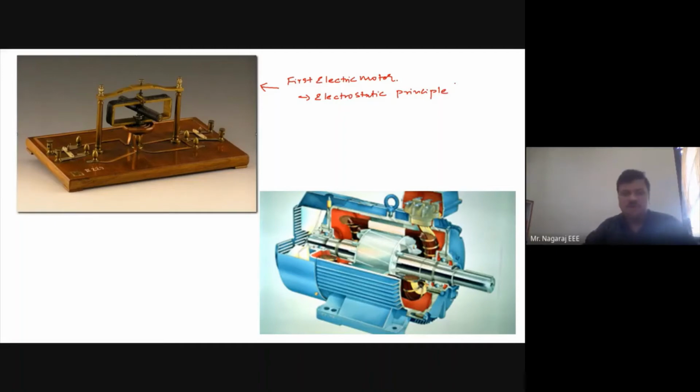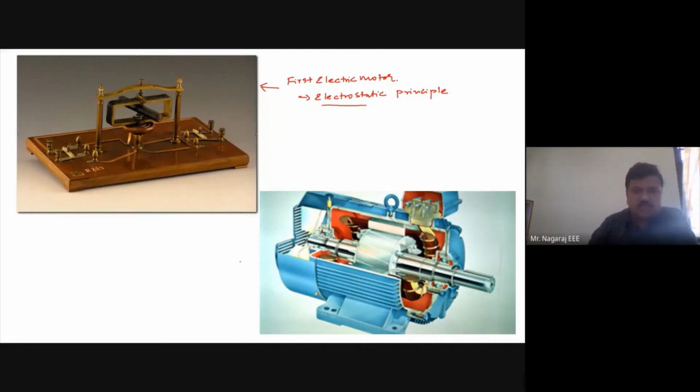See, motor action can be obtained in an electrostatic way or in an electromagnetic way. In electromagnetic, we take two magnets in the same space, and either there is attraction or repulsion. In electrostatic, we take two charges in the same space, so either there is repulsion or attraction between those two charges. In both cases, we will get mechanical output. But what happened next? We'll look into the further slides. So this is the first motor, built by Benjamin Franklin, operating on the electrostatic principle.